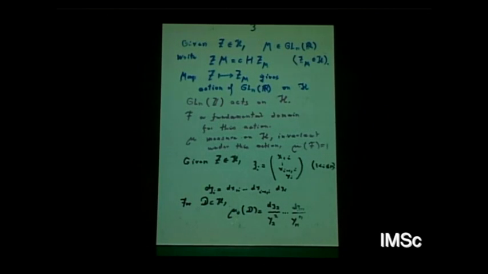But of course, it will not be the same Z as before, so let's call it Z_M. So you have this map from Z to Z_M, and this gives an action of this group GL_n(R) on the generalized upper half plane. Also, GL_n(Z) acts on this. After all, it's a subgroup of GL_n(R).